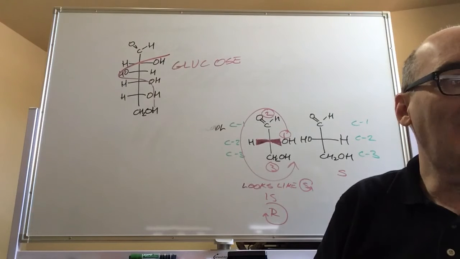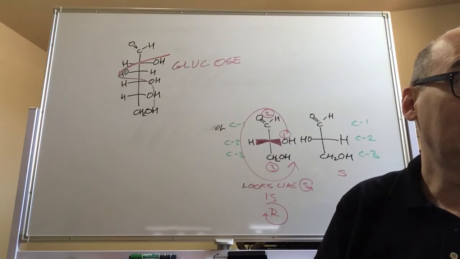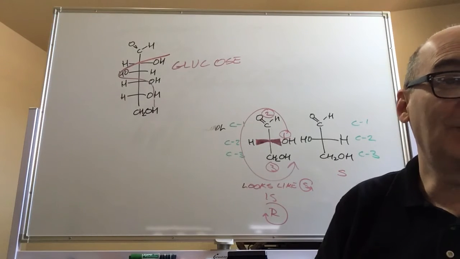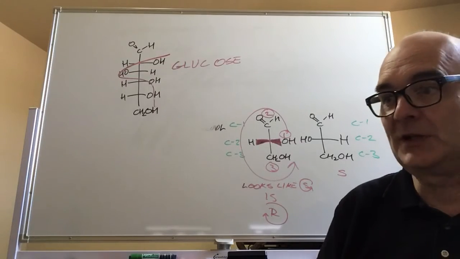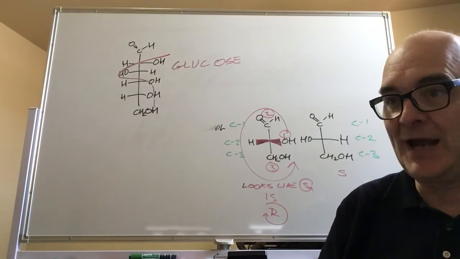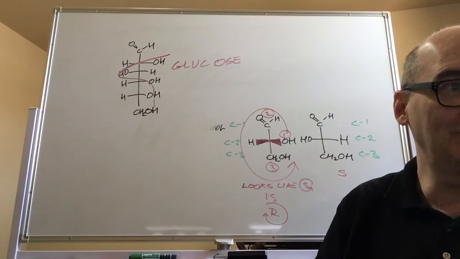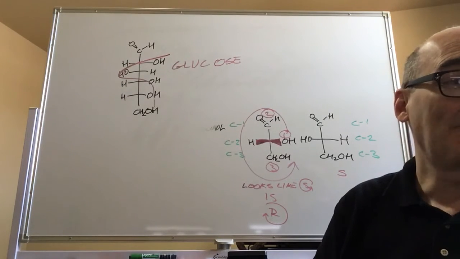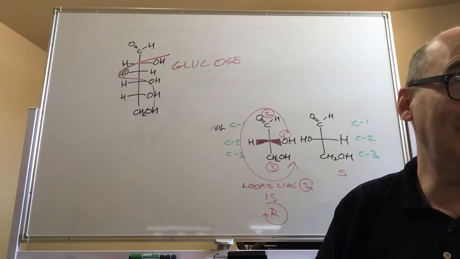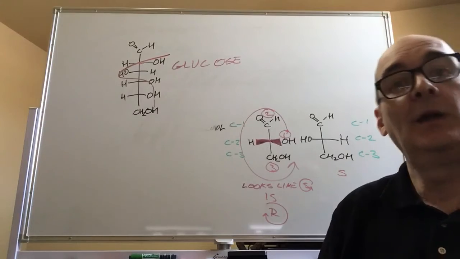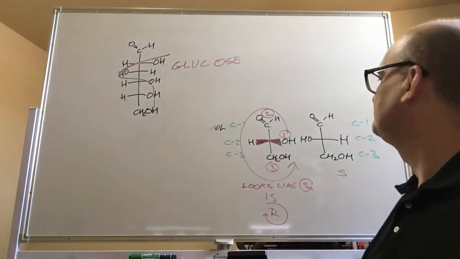Now I have to memorize the names of every individual sugar. I have to know the difference between ribose and xylose and ribulose and lyxose and galactose and lactose and sucrose and fructose and glucose and gulose. So everything now has its own name rather than some kind of systematic naming system. What we've saved on one hand, we have to give up with the other.